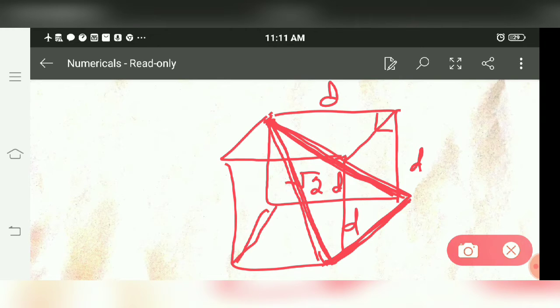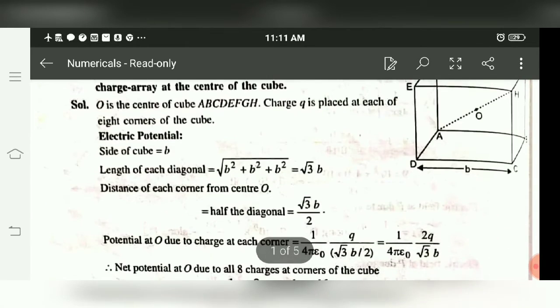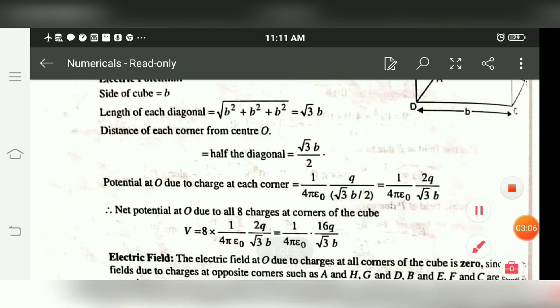Of course, these are both at 90 degrees, and this is the hypotenuse. To find the hypotenuse, we take this square plus this square. Here this equals under root 3 b. By solving that, we get this b. This is the length of the diagonal.